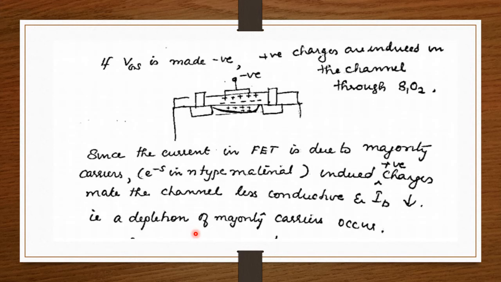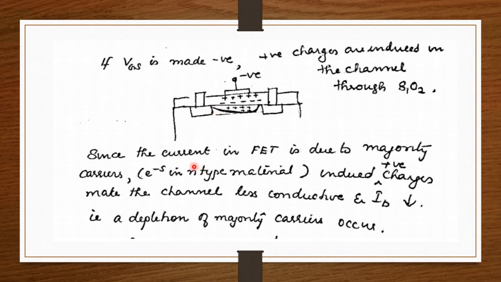Now if we make VGS negative, what will happen? When this terminal is negative, in this oxide layer there is a shifting of charges. So there is a positive region on the upper side of the insulating layer and a negative region on the lower side. Because of this negative region, the channel has some deformations.